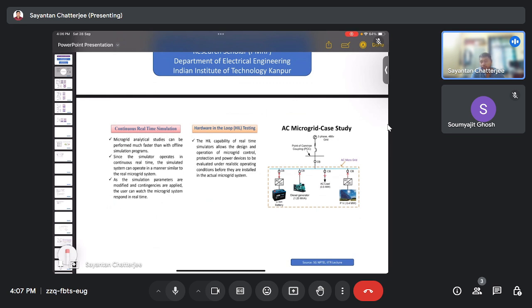If we can model them correctly, then the response obtained from these softwares is quite similar to the ones that we will get from the field.